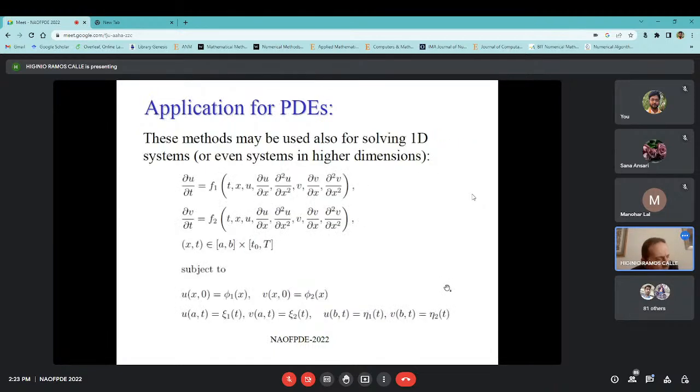So as you can see, the way you use the block method for solving PDEs is, after using the method of lines, you discretize the PDEs, you obtain a system of ordinary differential equations, and you apply the block methods for solving these equations. And this can be used also for systems of PDEs in 1D or even in higher dimensions. It complicates more, of course, the computations and the time, but it can be used.